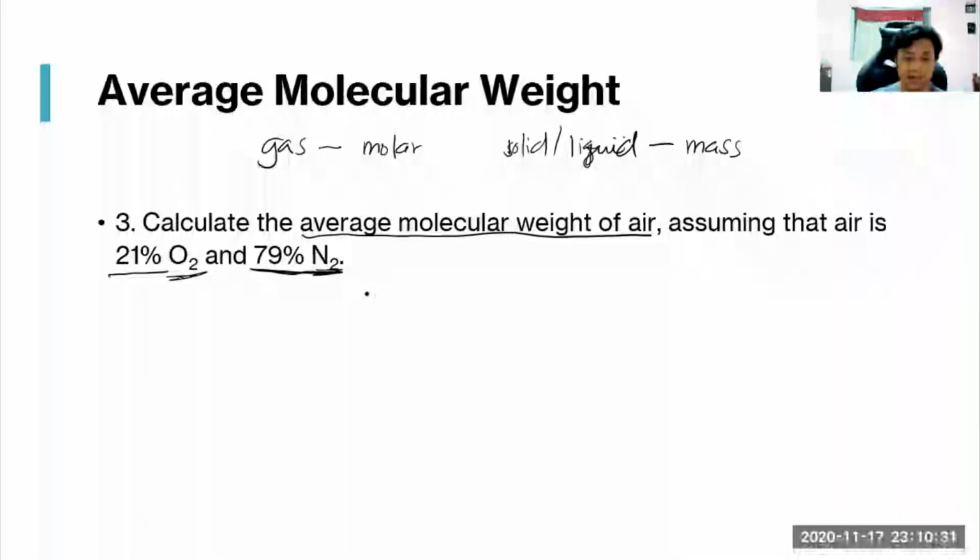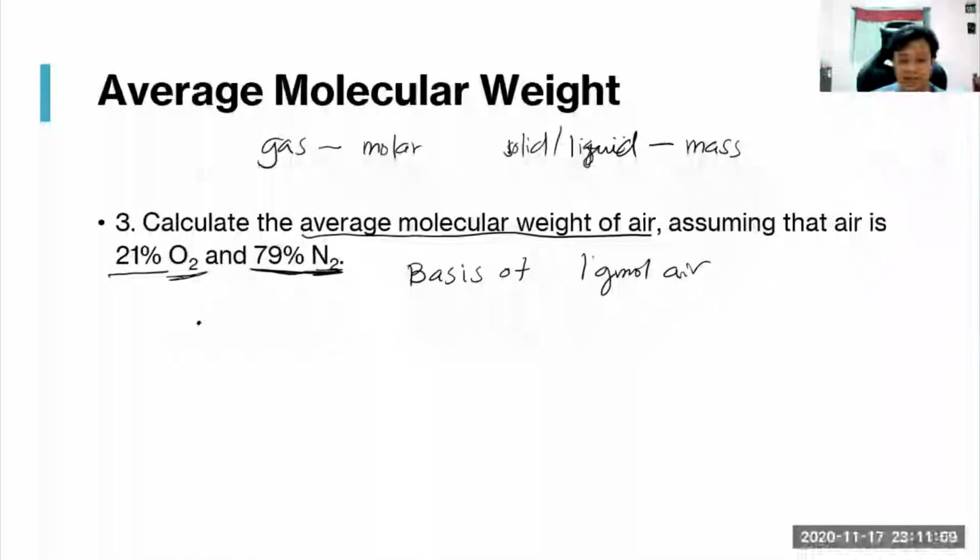It's just simple, guys. We have to have a basis of 1 gram mole of air. So what are the molecular weights of oxygen and nitrogen?